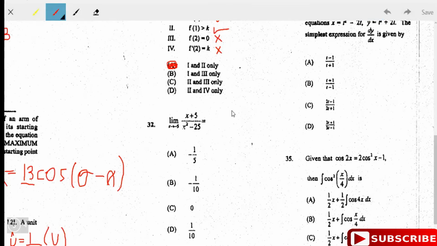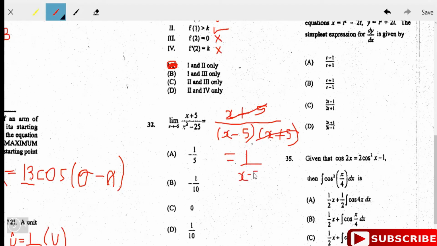Let's check it out. x squared minus 25 can be written as x minus 5 times x plus 5. The x plus 5 part is going to cancel. We get 1 over x minus 5.